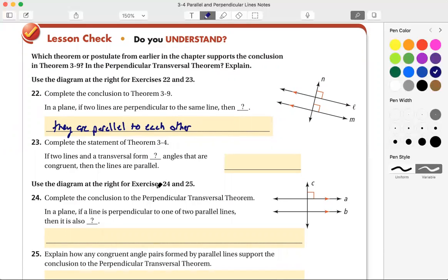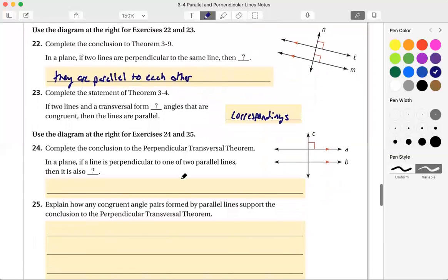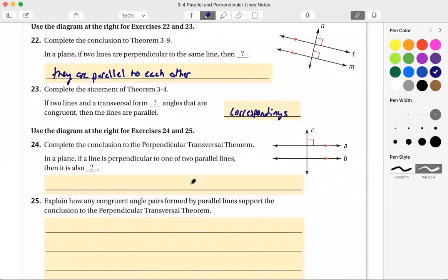All right, 23. If two lines and a transversal form corresponding angles that are congruent, then the lines are parallel. So complete the conclusion. In a plane, if a line is perpendicular to one of two parallel lines, then it is also perpendicular to the other.